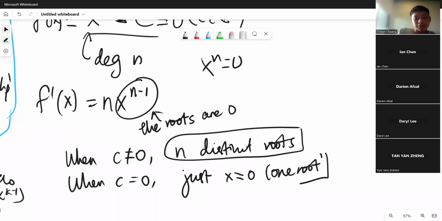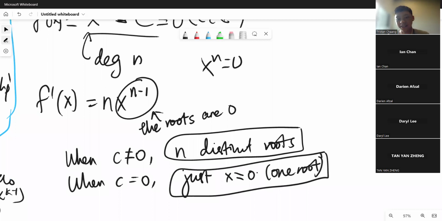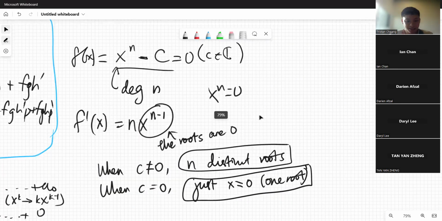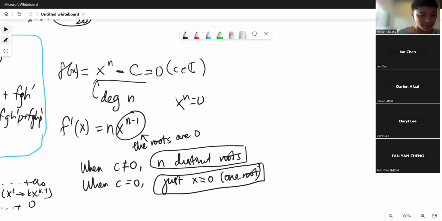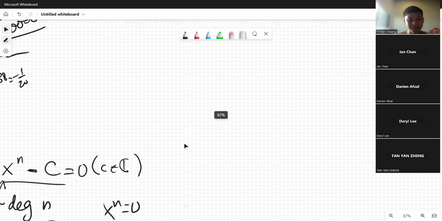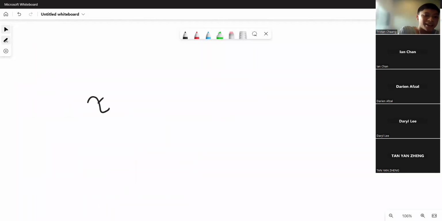But it's technically n roots, but then it's one root repeated n times. Okay. So let's look at the application of this. And we're going to look at this function now, x to the n equals 1. So the case where c equals 1.